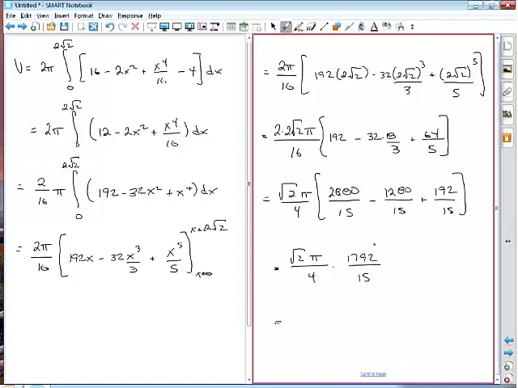And if you divide 1792 by 4, you get 448. So we get 448 times the square root of 2 pi divided by 15. So this part right here becomes 448 square root of 2 pi over 15. So that's it. That's the correct answer.